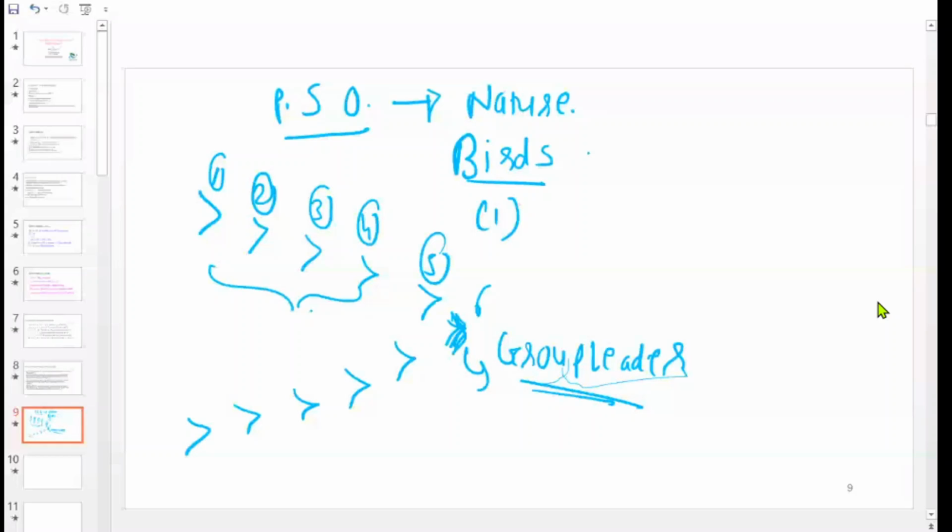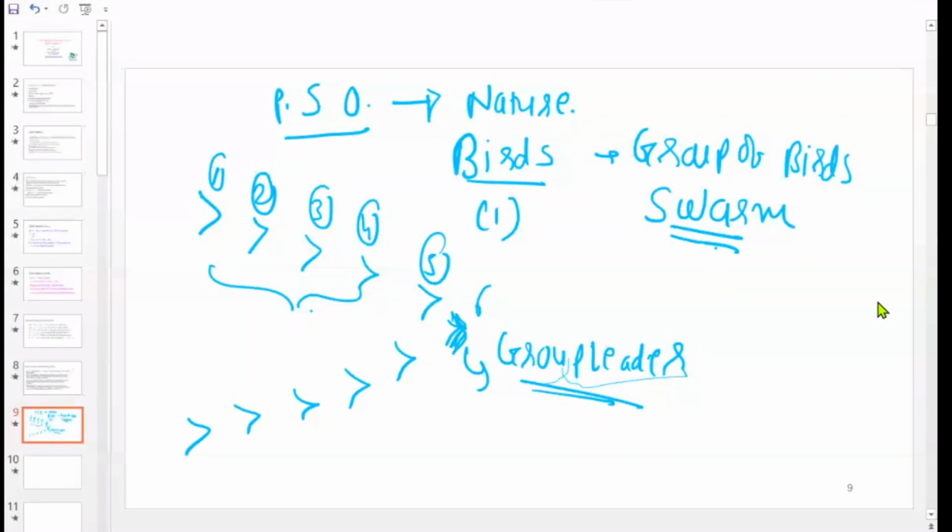And I call this group of birds a swarm, right? And I call each bird a particle, right?